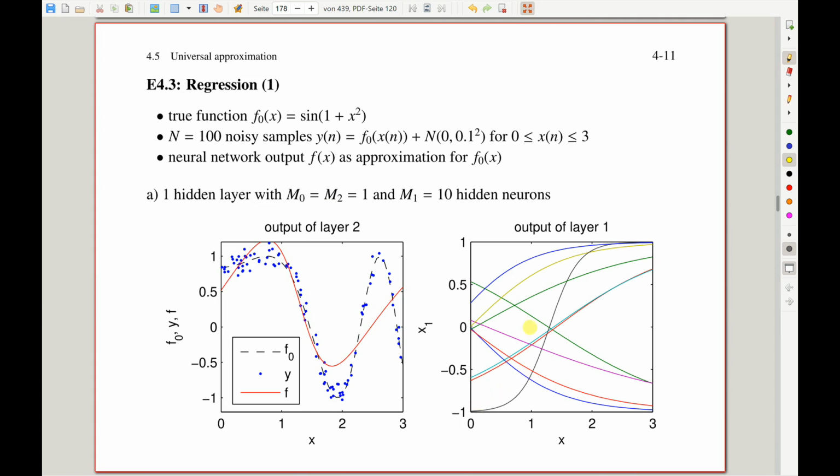Each basis function implies a certain shifted center, a certain change of slope. And you see the regression result is not good enough. It can approximate some behavior of the input-output, but not perfectly, because we have only used 10 hidden neurons. So we can increase the number of hidden neurons, because the theorem tells us we can reach arbitrary accuracy.